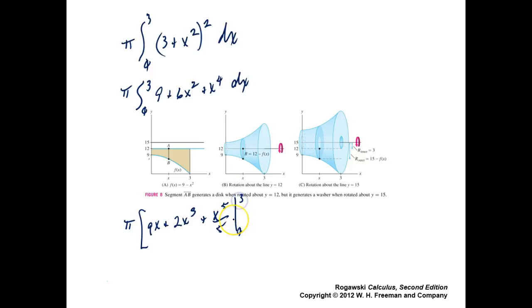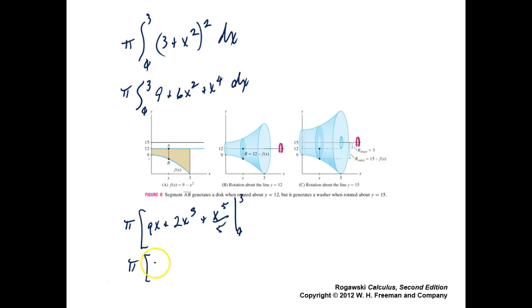It's going to be a little messy on the 3 end, but let's see what we get. That would be pi times, okay, the 3 part's not too bad.